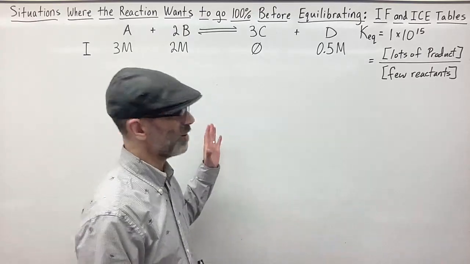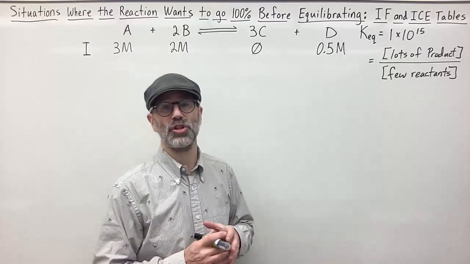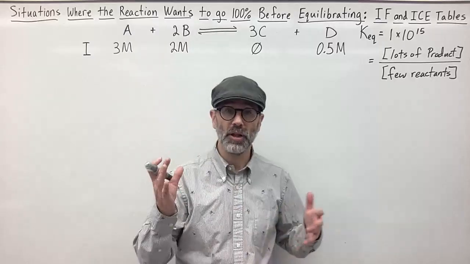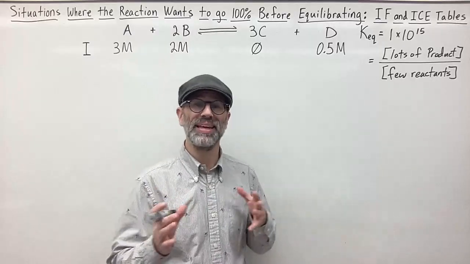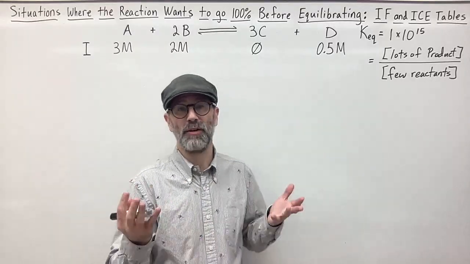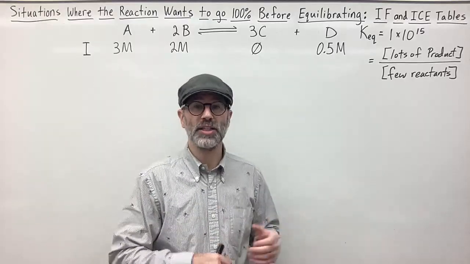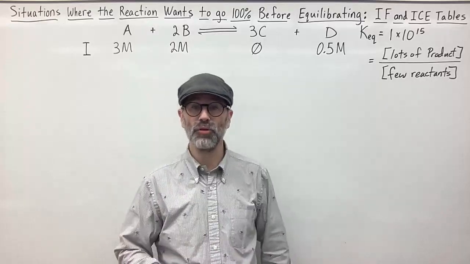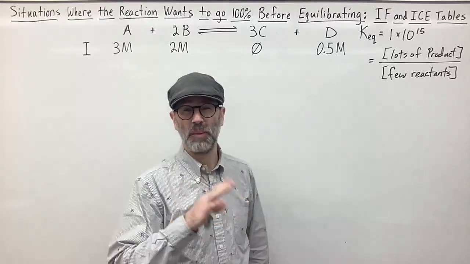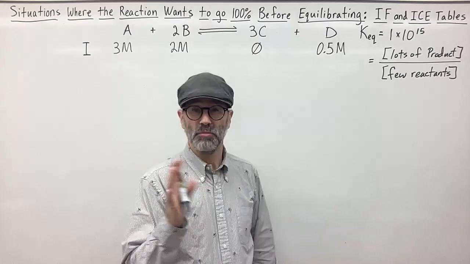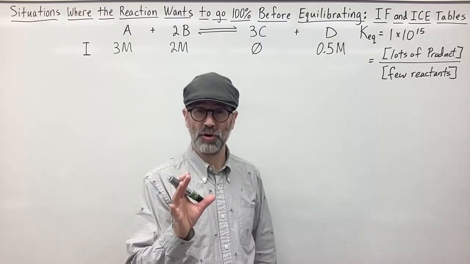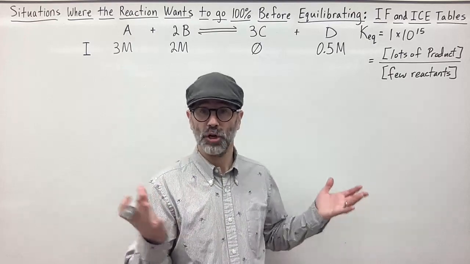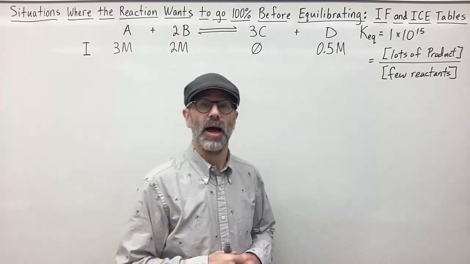So for simplicity's sake, I'm going to assume that I have 1 liter of substance. That way, the molarity ends up being the same as the moles, because molarity is the moles per liter. However, if you have a problem where the volume of your solution is not 1 liter, then you have to calculate the moles using the molarity and the volume.